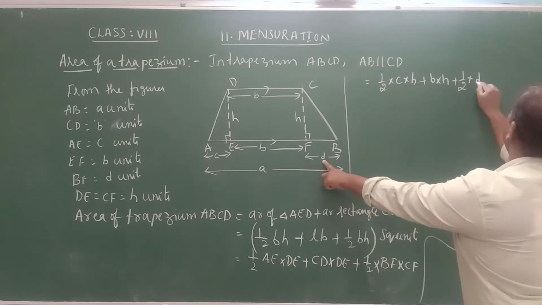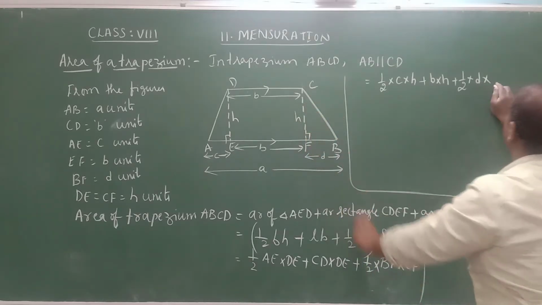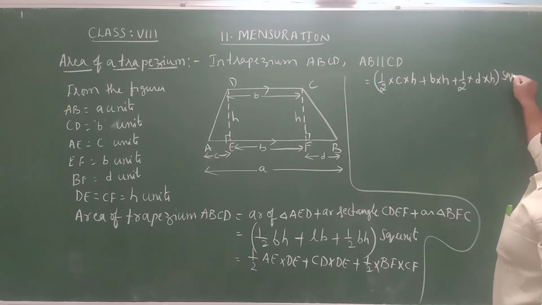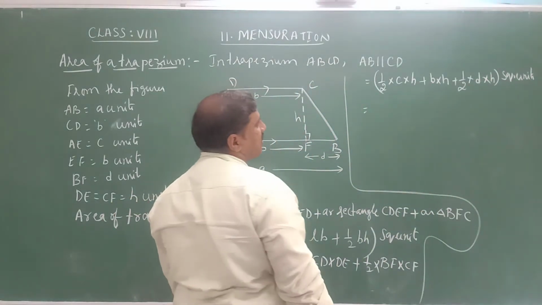D units into CF is equal to what? H units, square units.